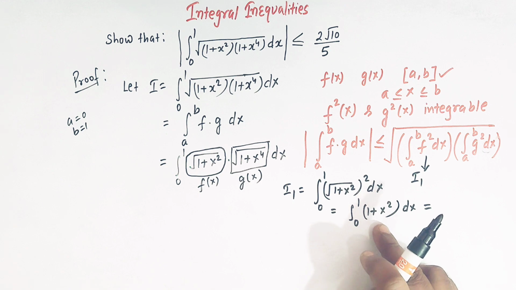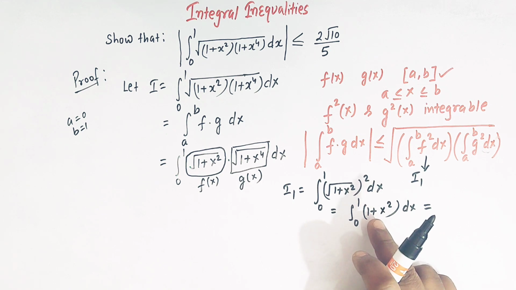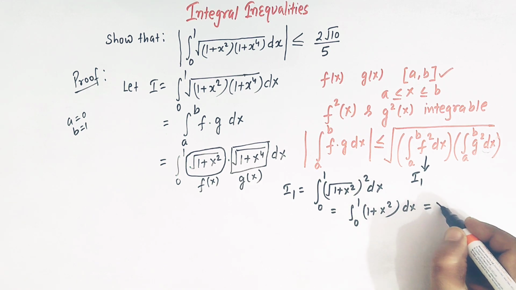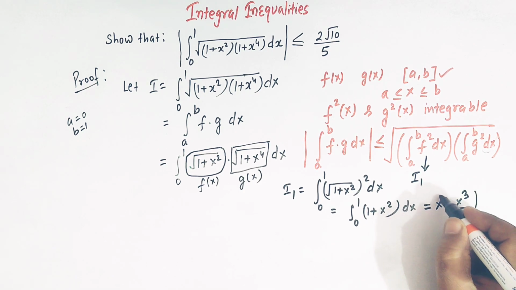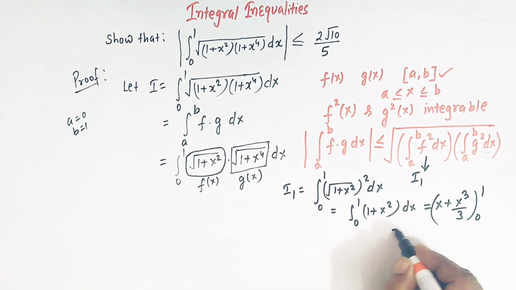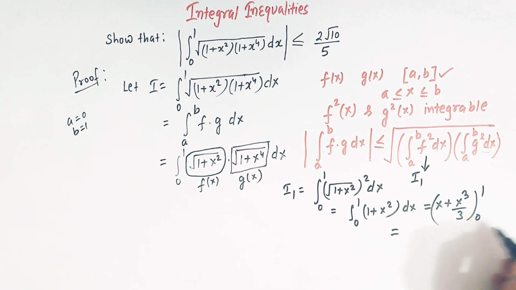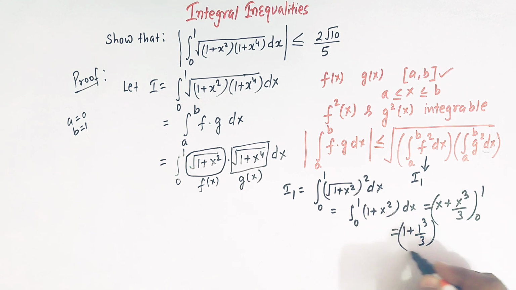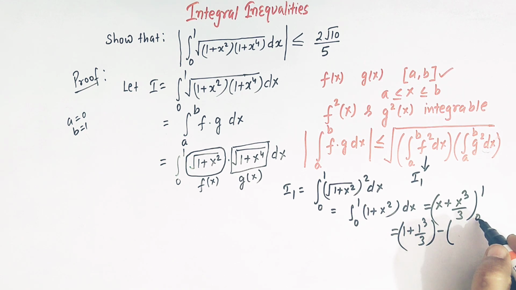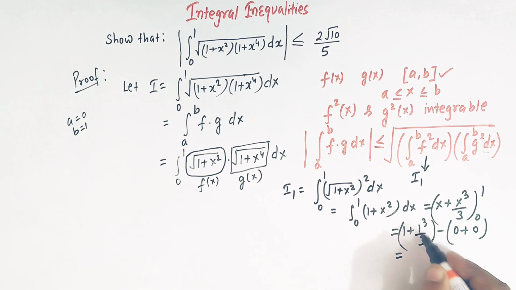The integral of 1 plus x square is x plus x cube over 3, with limits from 0 to 1. Substituting the limits and taking the difference, we have 1 plus 1 cube over 3 minus 0 plus 0, that is 1 plus 1 over 3, which is 4 over 3.